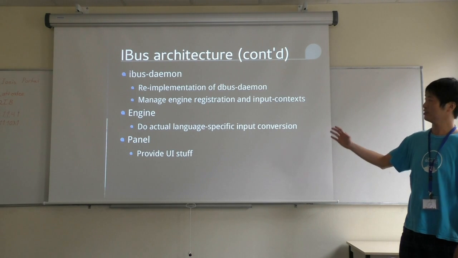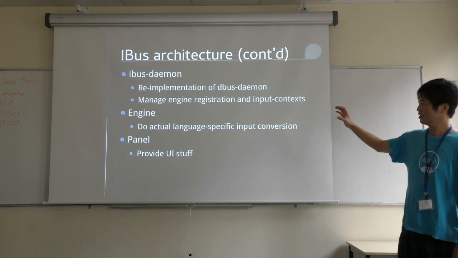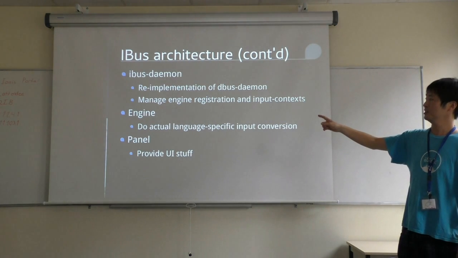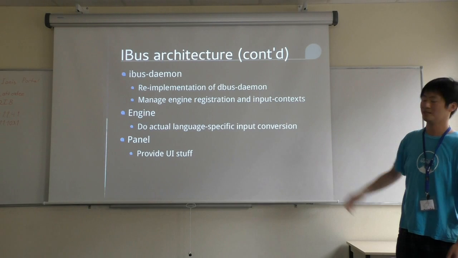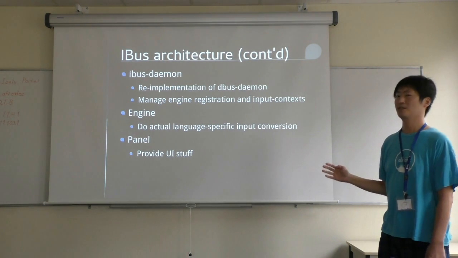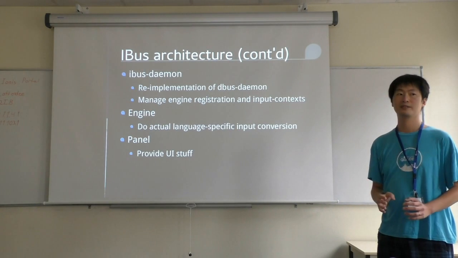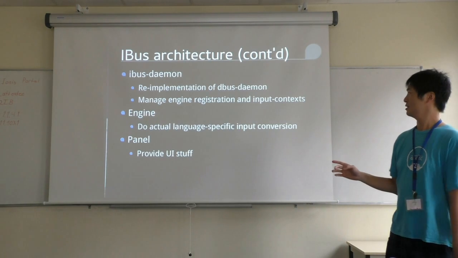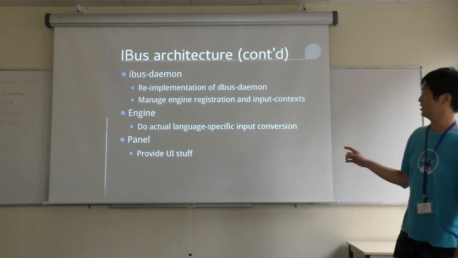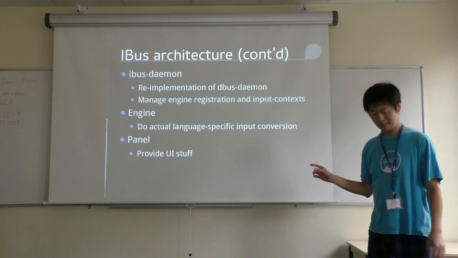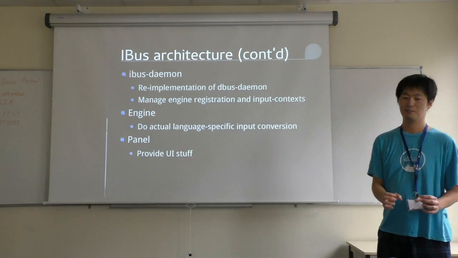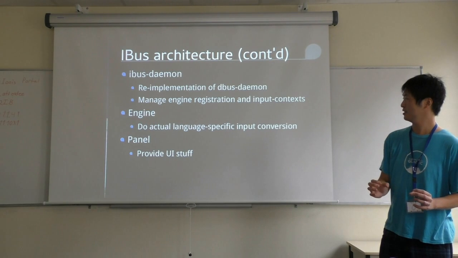Actually IBus consists of three components. One is the IBus daemon, the second is the engine, and the third is the panel. The IBus daemon is actually a re-implementation of the DBus daemon. It is really working as a DBus daemon, and other components run on the custom DBus session.